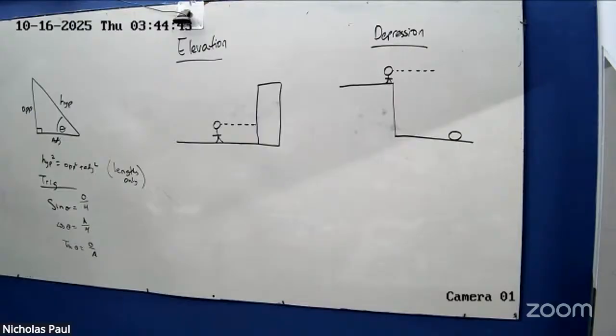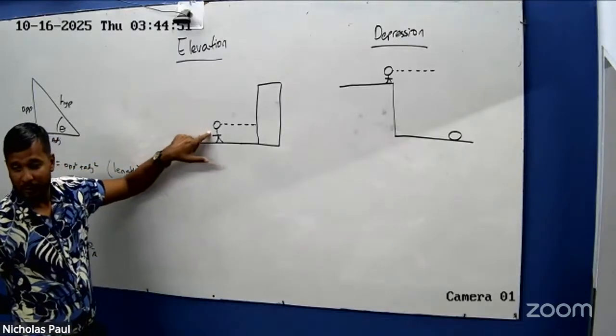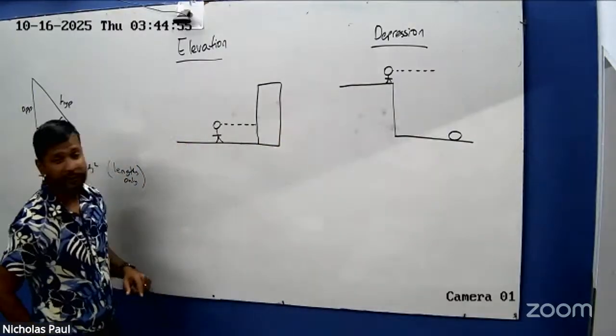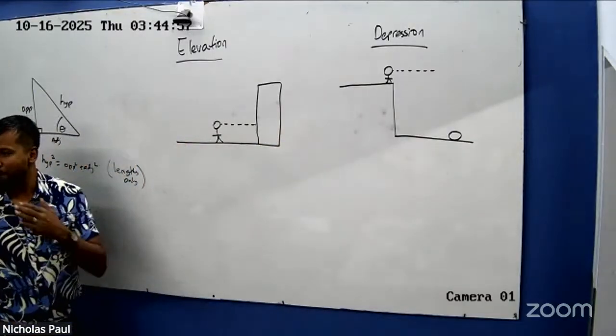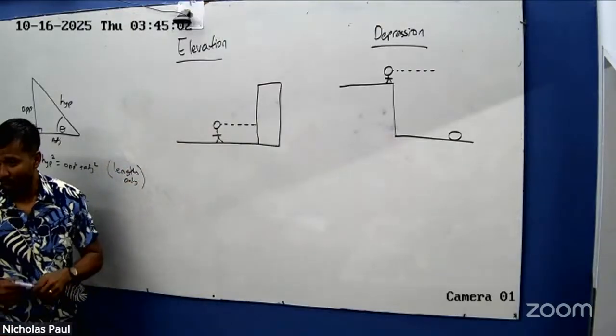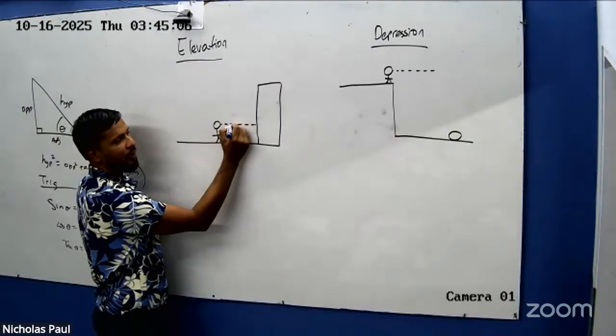All right, ready? So here's what we're looking at. Let's pretend this is Michael here, and Michael is looking at an angle of elevation. What that means is that from the horizontal, Michael is looking up like this.